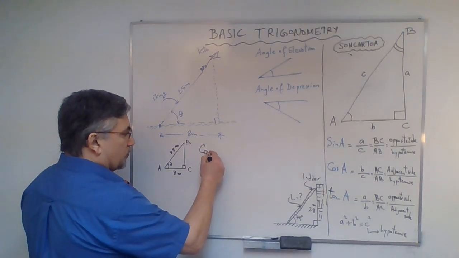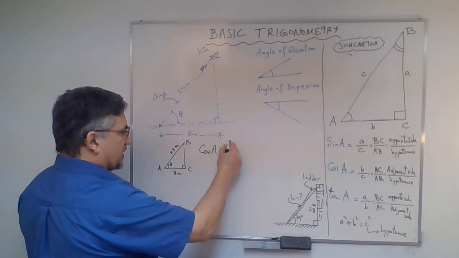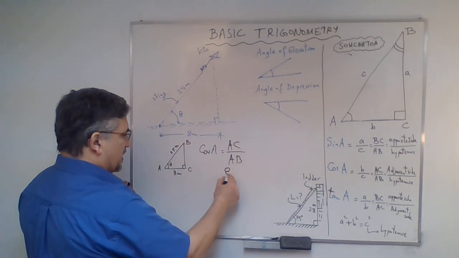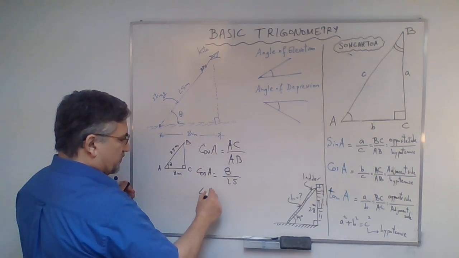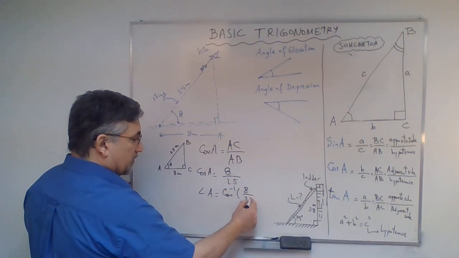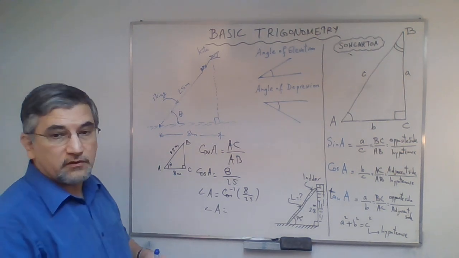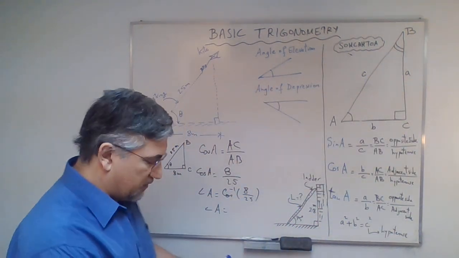So we go: cosine of A equals the ratio of adjacent side AC over hypotenuse AB, and that will be 8 over 25. Then in order to find angle A, we take the inverse cosine of this fraction, and whatever answer we get will be the answer. I think I have a calculator here.